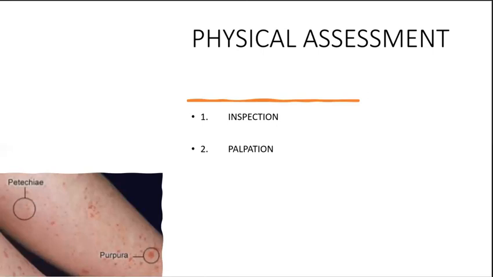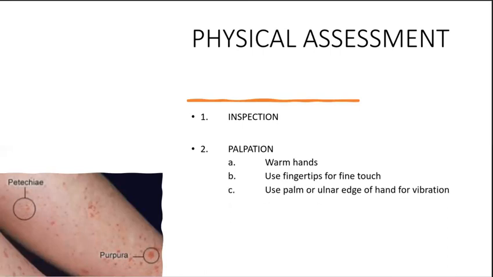The second sequence would be palpation. You want to remember to warm your hands, and use fingertips for fine touch, like when you are palpating pulses or nodes. You want to use the palm of your hands or the ulnar edges, especially for vibration.